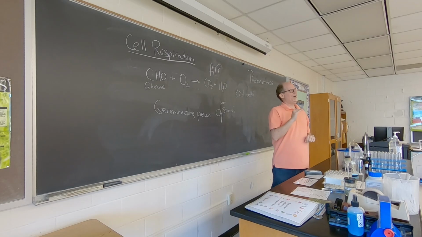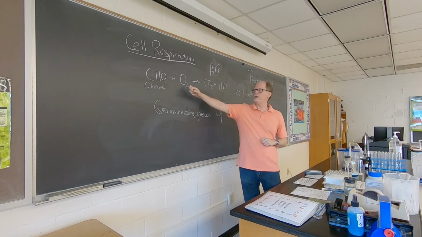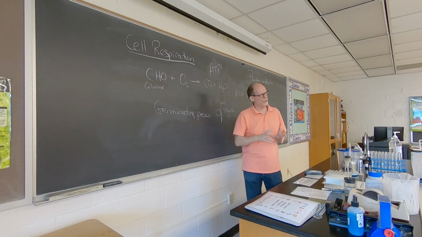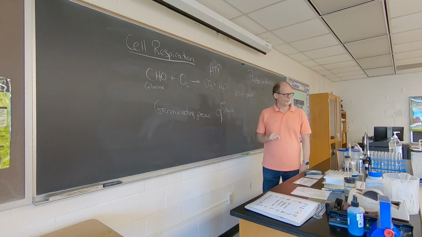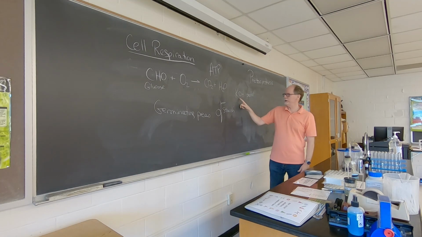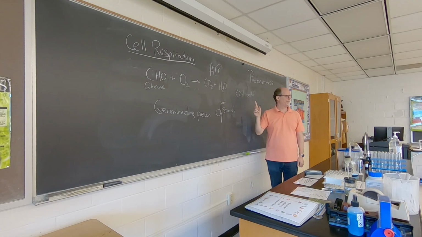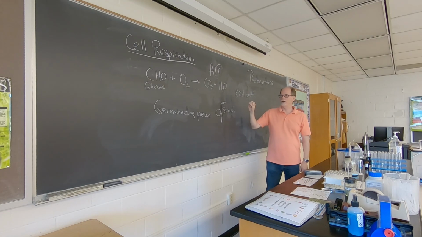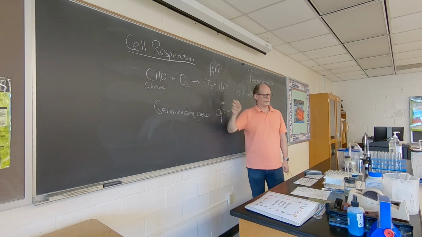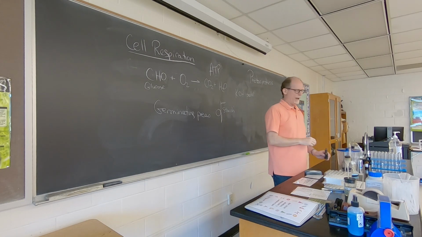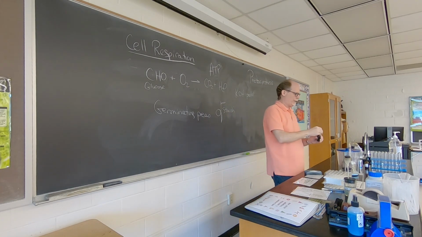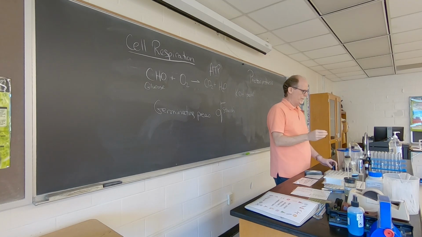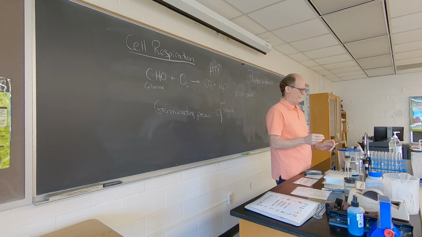To actually measure how much oxygen is being consumed, we have to get rid of the CO2 that's produced, and we can do that by using the KOH pellets. The KOH pellet, potassium hydroxide, absorbs carbon dioxide gas so that we can measure the amount of oxygen that's being consumed.